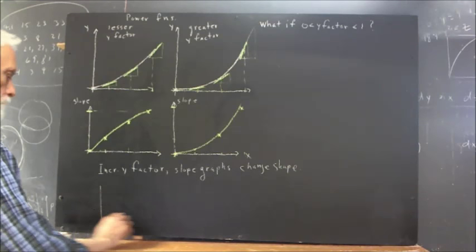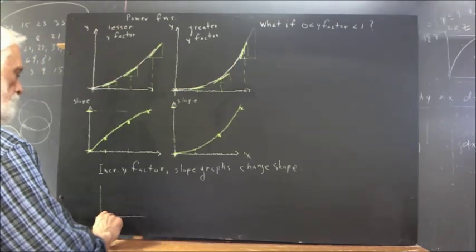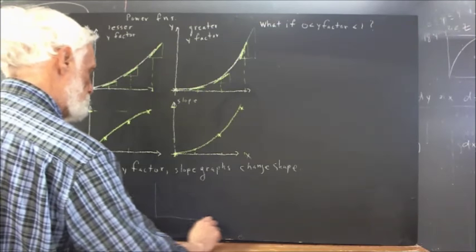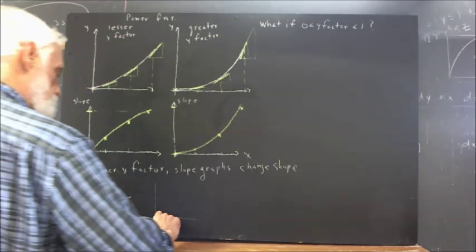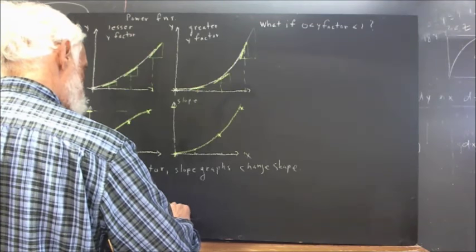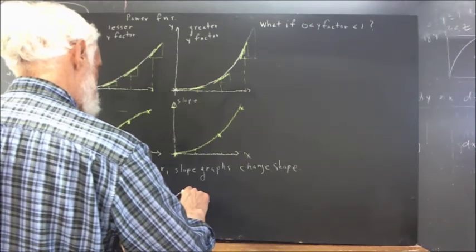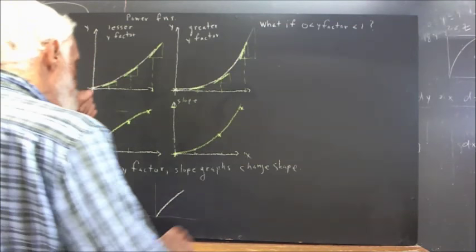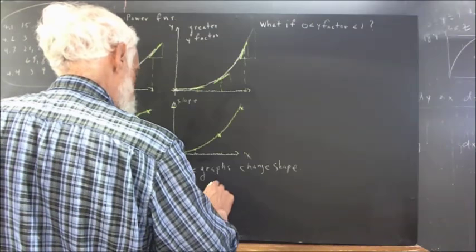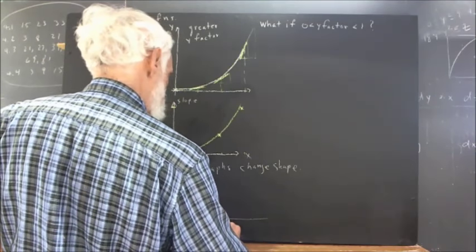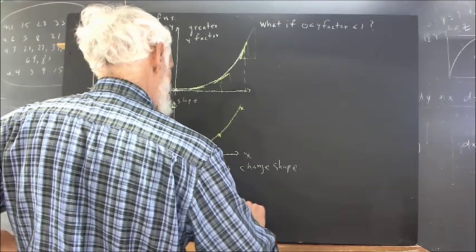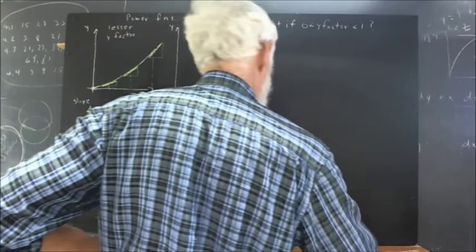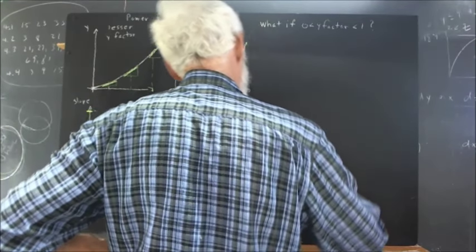So we might have a slope graph, I'm going to label this thing, might have a slope graph like this, and then as we increase the y factor a little bit, the slope graph might go like this, just a little bit of downward concavity, go a little further, and we get maybe a little bit of upward concavity, go a little further, maybe we get a whole lot of upward concavity.